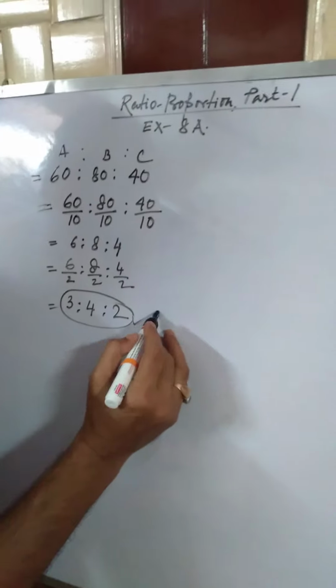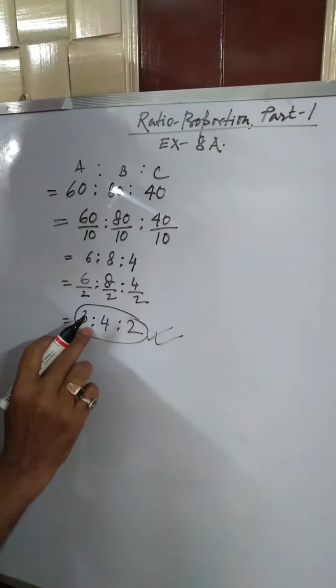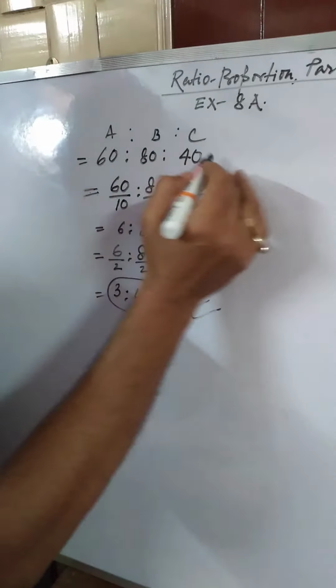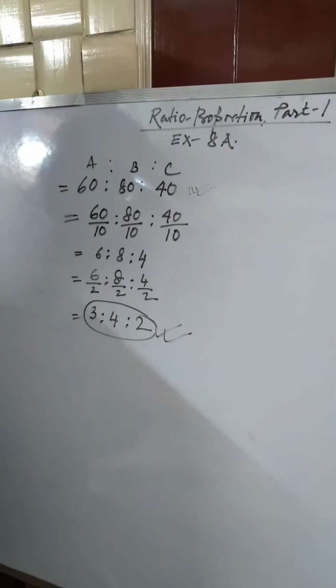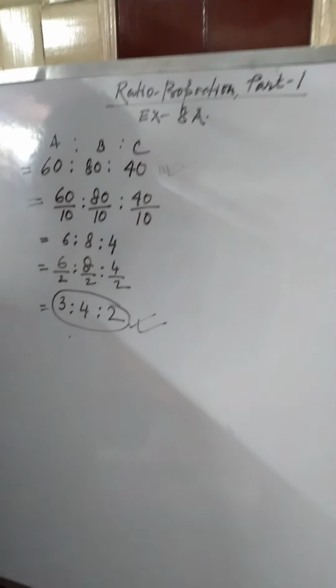Their ratio of marks in mathematics is 3 is to 4 is to 2. This is the simplest ratio. You see, these are the actual marks they obtained in the exam, but the ratio of their marks is 3 is to 4 is to 2.